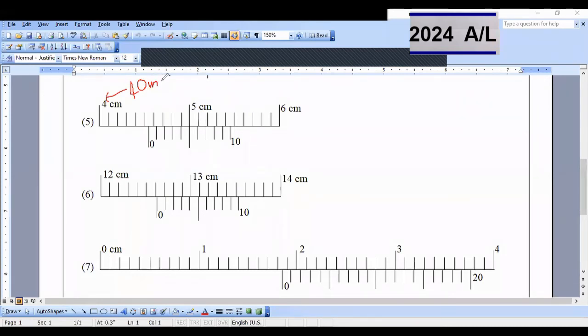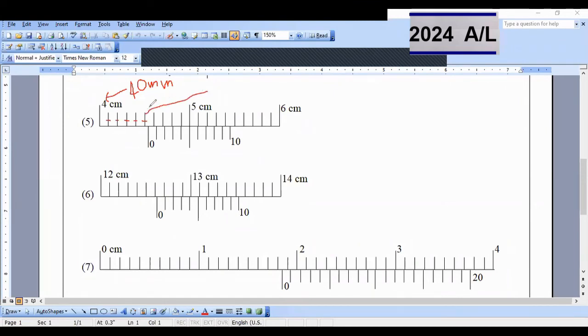After that, what should we do? We should go until we find the vernier scale 0 line. What is this, dear? 41 millimeters. This is 42, 43, 44, and this is 45 millimeters.